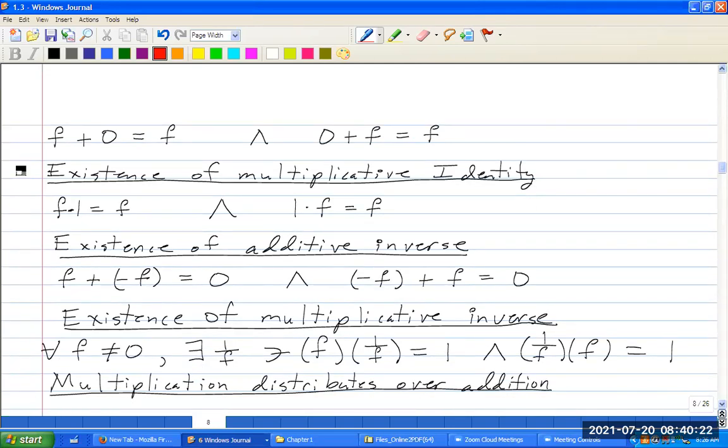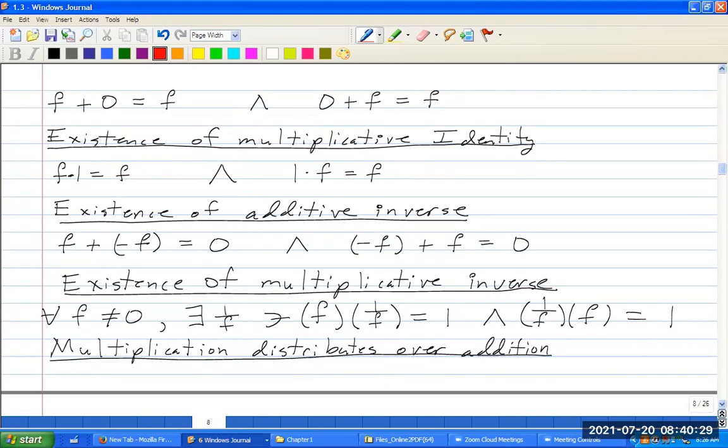We also have the existence of a multiplicative identity. So for any function f, f times the multiplicative identity, the 1 function, is equal to f.